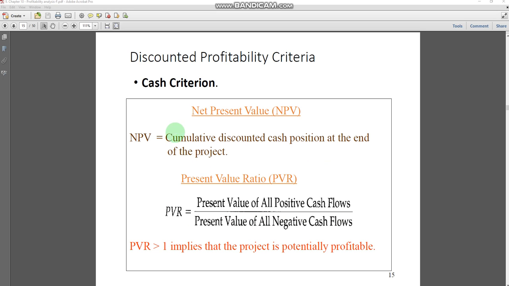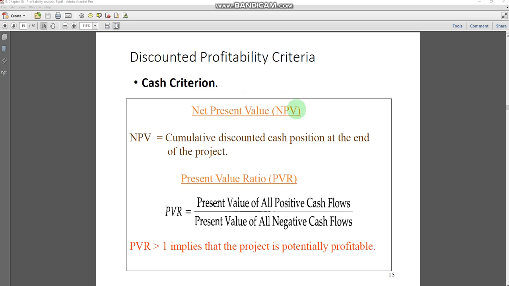Now, in terms of the cash criterion, we have to estimate the net present value. So what is the net present value? It is the cumulative discounted cash position at the end of the project. It is quite similar to what we calculated as the cumulative cash position in the non-discounted profitability criteria.